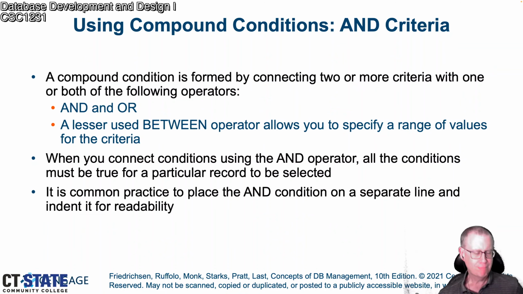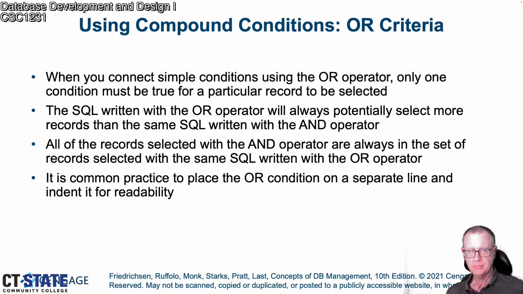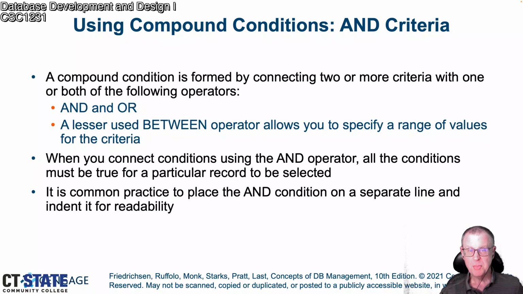When you're filtering, oftentimes there's more than one criterion by which you want to filter. So you can use logical operations and, or, between, in order to filter a bit more specifically. The difference between and and or: and says both things on either side of the and operation have to be true.